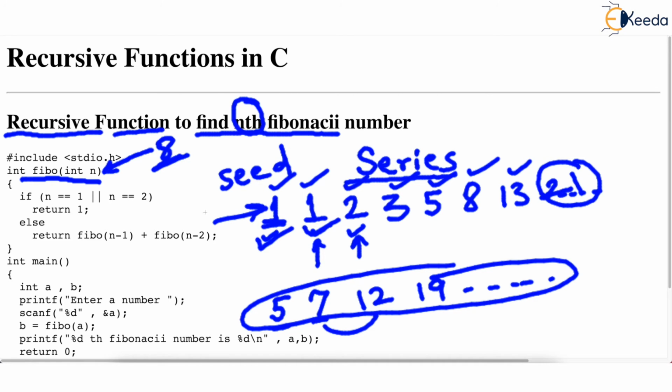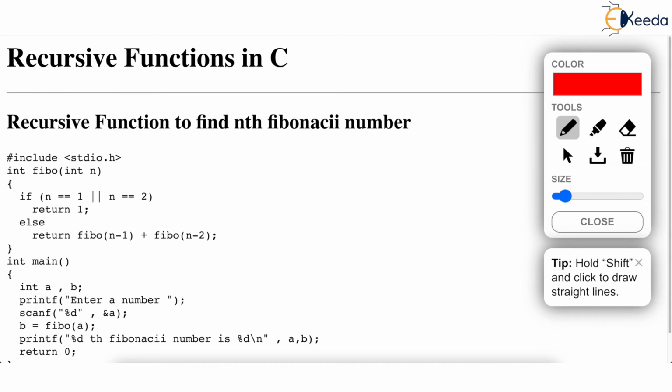As an example, suppose I pass this n as 6, then it should return 6th Fibonacci number in the series, which is 1, 2, 3, 4, 5, 6, 8. 8 is the answer it should return. Okay. So I hope you got what is the problem, what exactly we want to do.